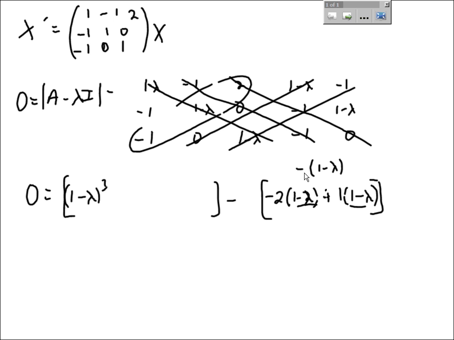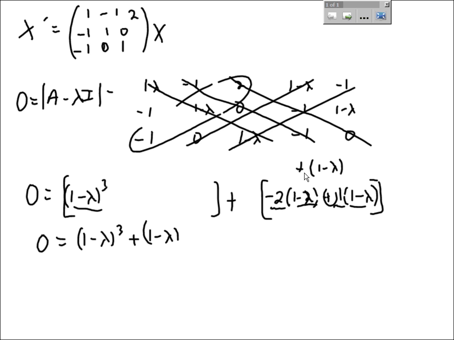I mean, we're adding 1 minus lambda. You have negative 2 and you add 1, you have negative 1. And the subtraction is going to become addition, and the sign of the negative 1 minus lambda changes. So what we have is 0 equals (1 minus lambda) cubed plus (1 minus lambda).